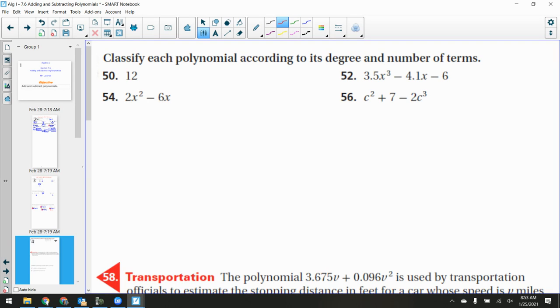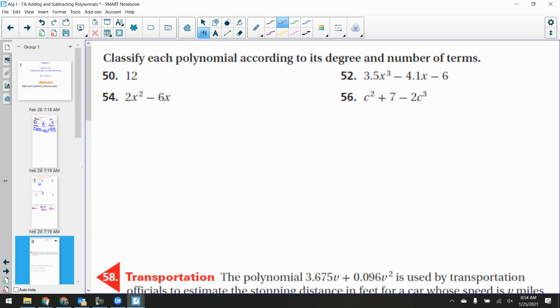Number 54, Liam. What's the degree? So it would be a linear binomial. Or quadratic binomial. Quadratic binomial. Good. Quadratic binomial. And number 56, Serenity. What's the degree? 3. So it would be a, and then how many terms? Which one?